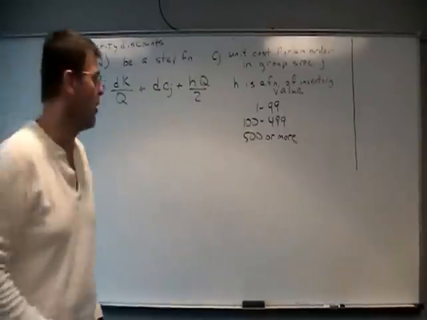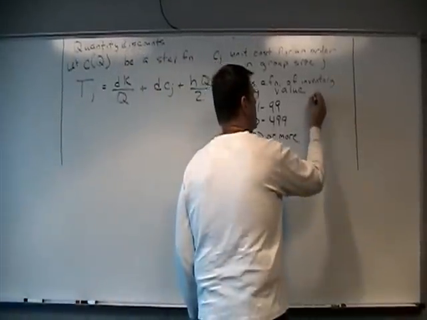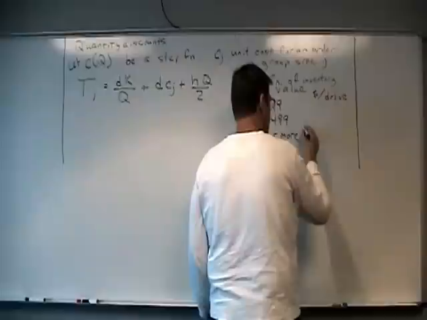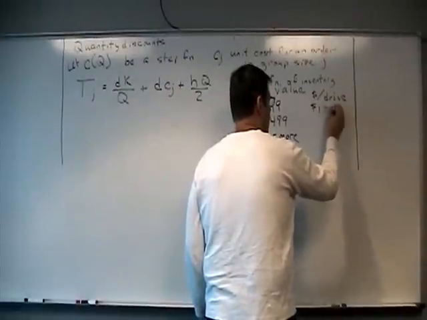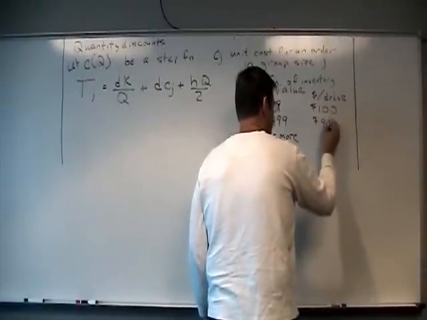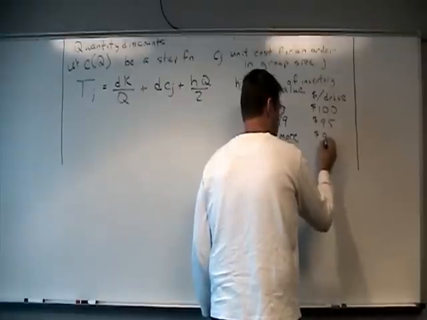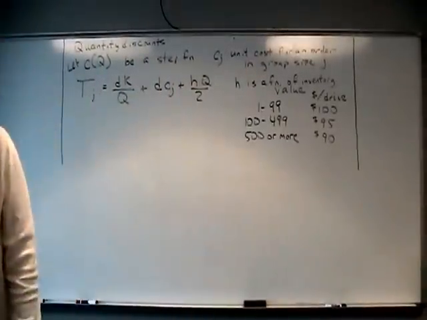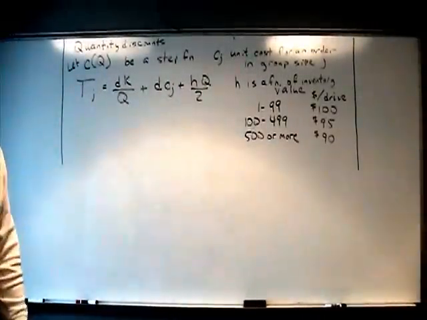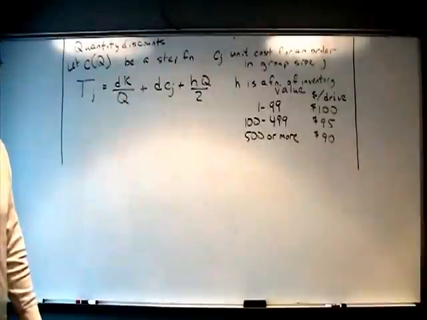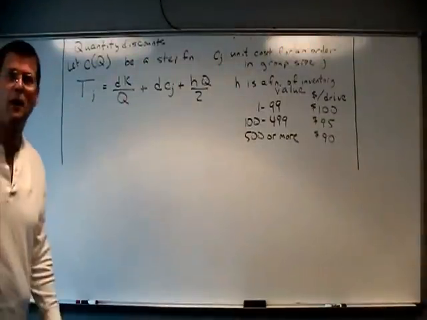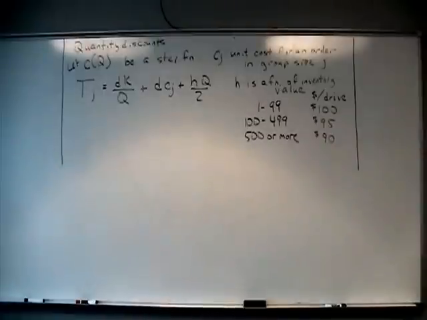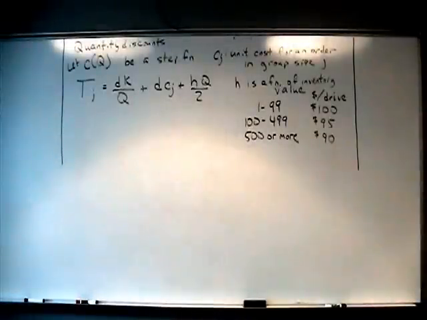And as far as the price per drive, the values are $100, $95, and $90. So if this is anything close to current, apparently this company is putting 2 terabyte hard drives in their computers. Prices are a little up there.